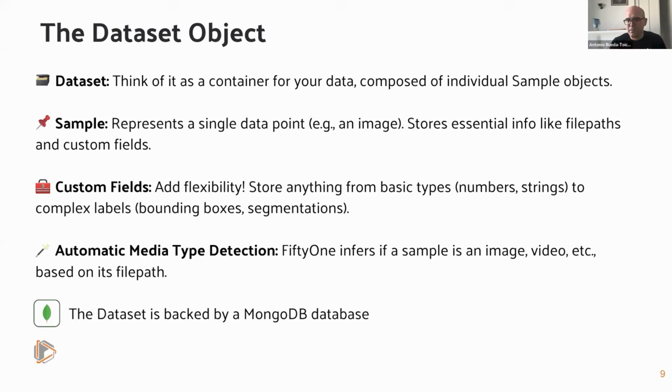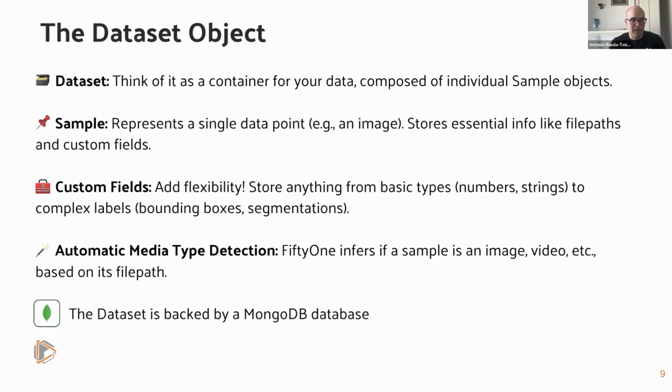This can be segmentation masks, this can be classification labels, this can be object detection bounding boxes. And 51 is very flexible in the sense that it's able to infer if a sample is an image, a video, or whatever, based on the file path. If I put an MPG file into 51, it's able to infer that this is a video file.